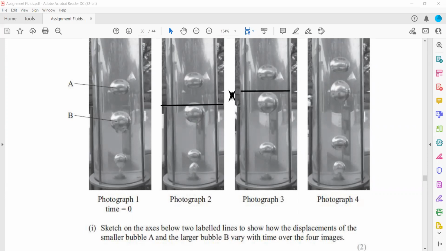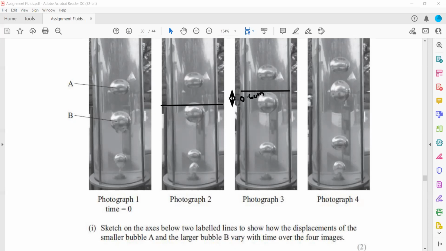Using a ruler or scale, you measure the distance covered. For example, you use a centimeter scale, so it will be in centimeters. Say it is coming out as 0.6 centimeter.